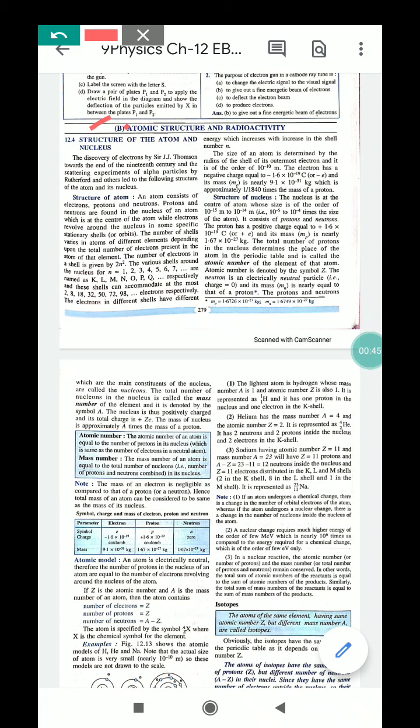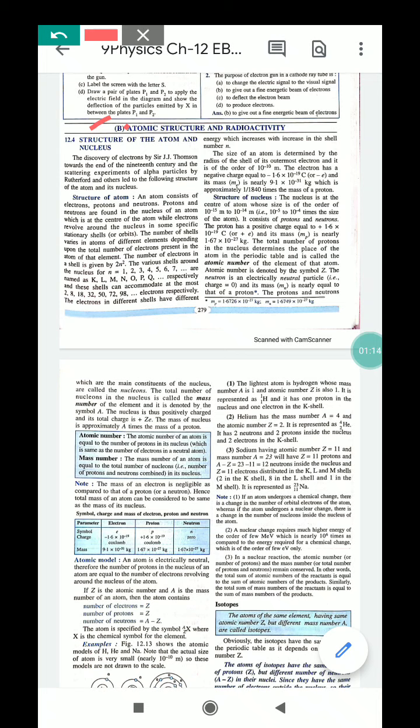As we know, we have already studied the structure of atoms in our previous classes. Because of its relevancy to the study of nucleus, we will now read some brief account of the atomic structure and related topics. So, structure of atom. An atom consists of a positively charged nucleus which is surrounded by electrons moving around it.